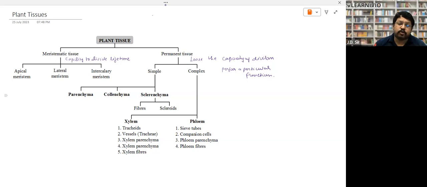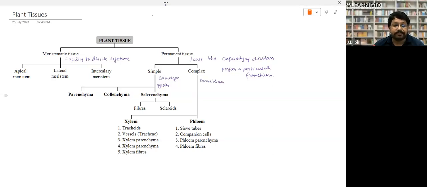Again, the permanent tissue can be of two types: simple and complex. Simple tissues are made of simple permanent tissue. They lose the capacity of division, that's why they are permanent tissue. Simple tissues are made up of the same type of cell, right? Complex tissues are made up of more than one type of cell.